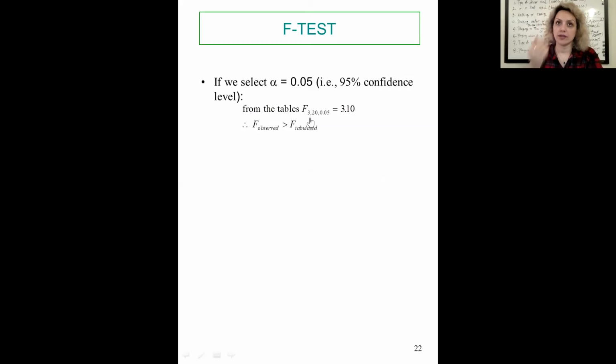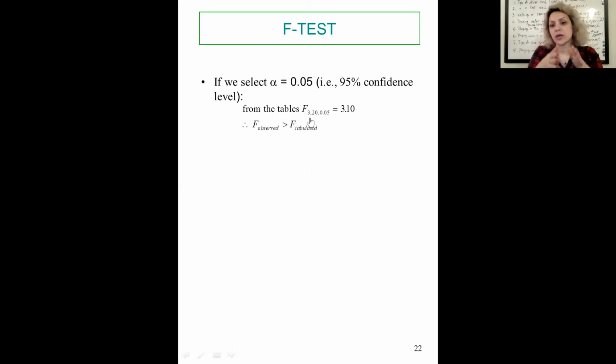20. One way of finding that is to take the total degree of freedom, which is 23 here, minus the degree of freedom for between treatments, and that gives you the degree of freedom within the treatments.